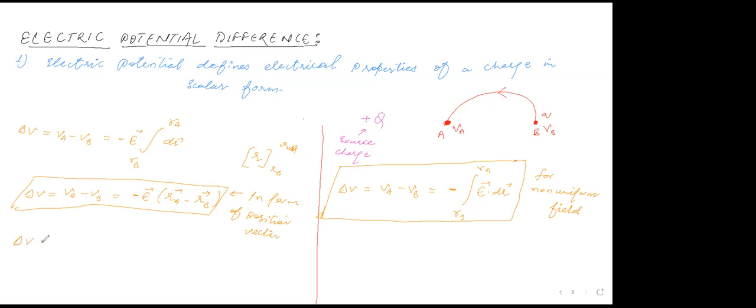You can also write delta V is equal to VA minus VB, which is equal to minus E dot RAB, where RAB can be written as RB minus RA, that is RBA. This is your equation in form of displacement vector.